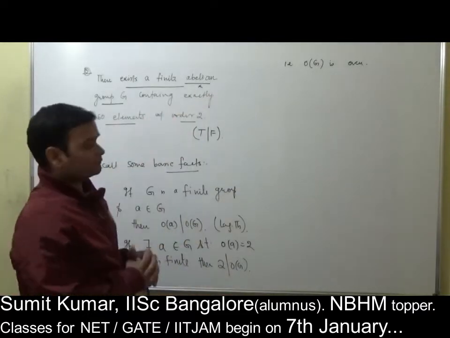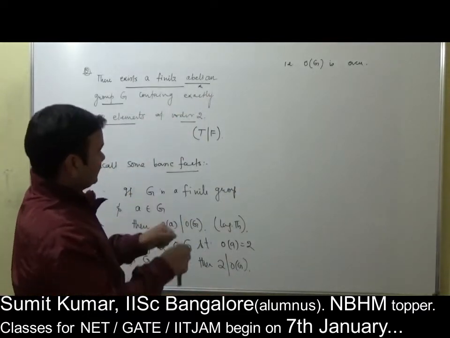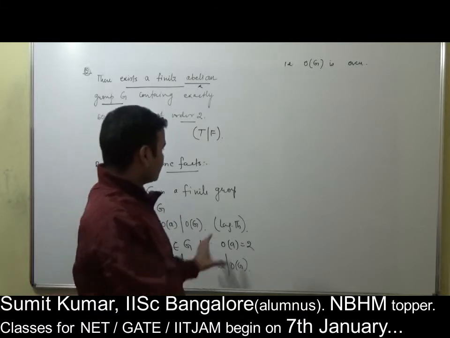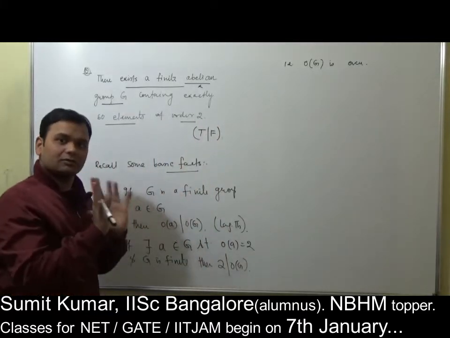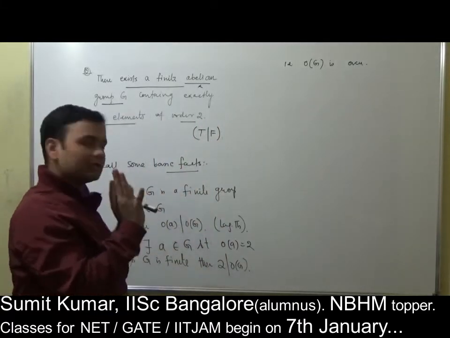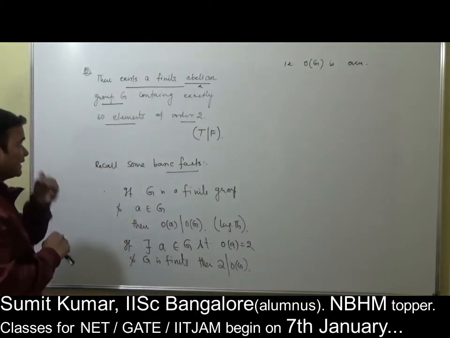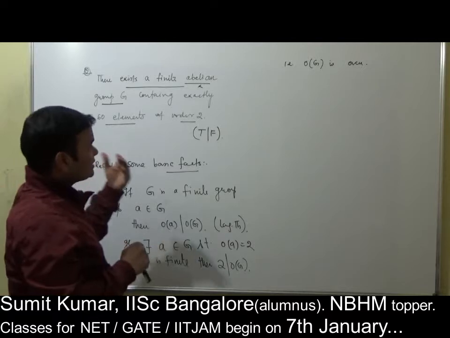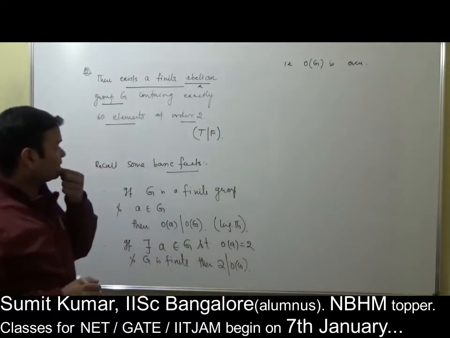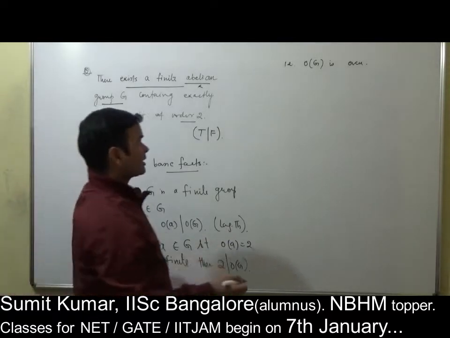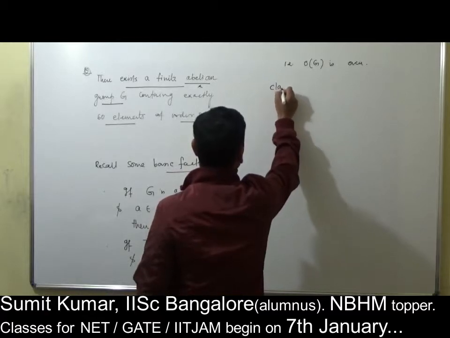So this is enough. I have not used abelian or anything like that so far. Lagrange's theorem holds for any finite group, so just the finiteness property has been used so far. Good. Now, to answer how to find the number of elements of order 2, this is my claim, claim 1.